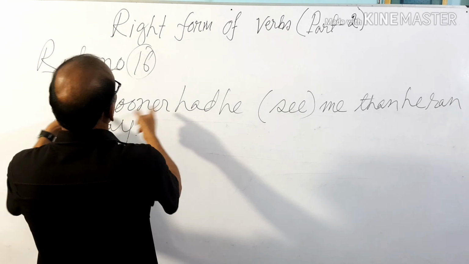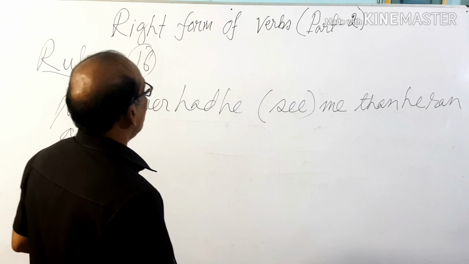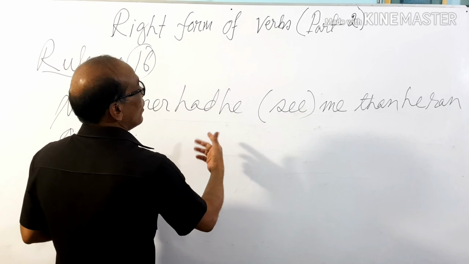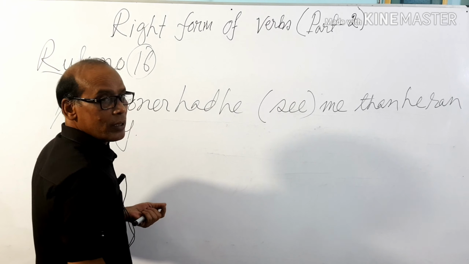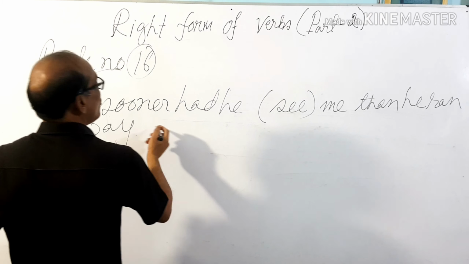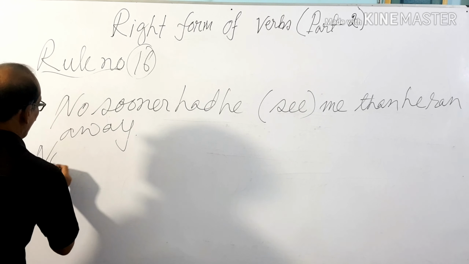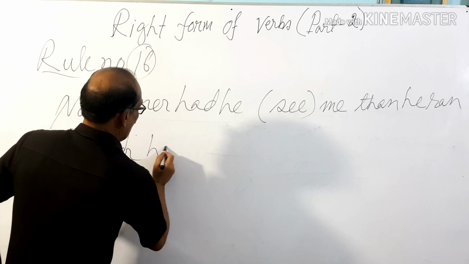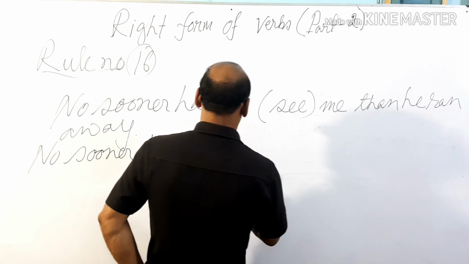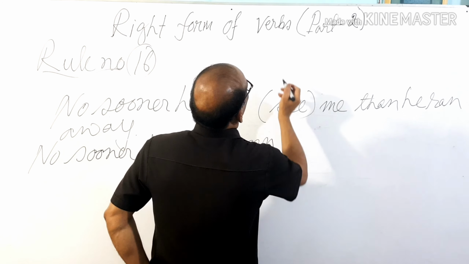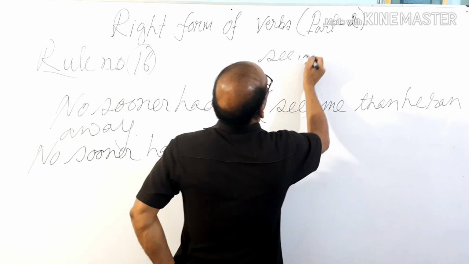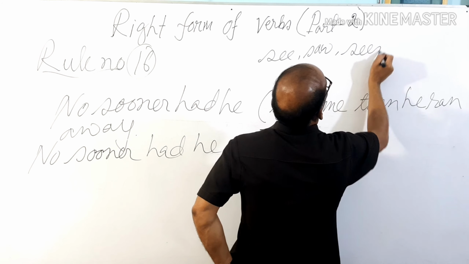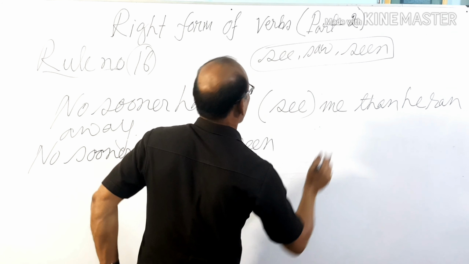This is the system: when we use no sooner, we use a negative sentence. Had he, here he is the subject, had is the helping verb. So see will be written in the past participle. No sooner had he seen me. Seen, you know, saw, seen. This is a conjugation.